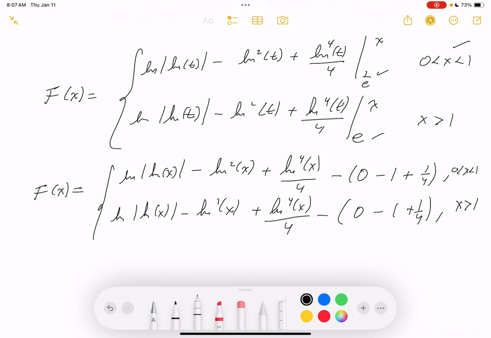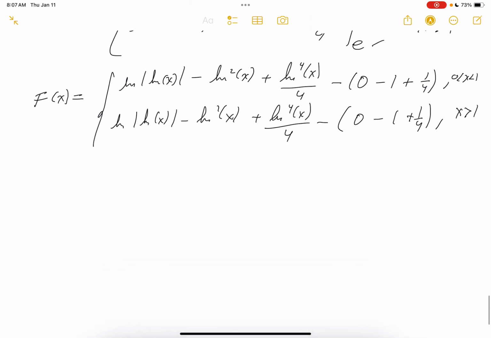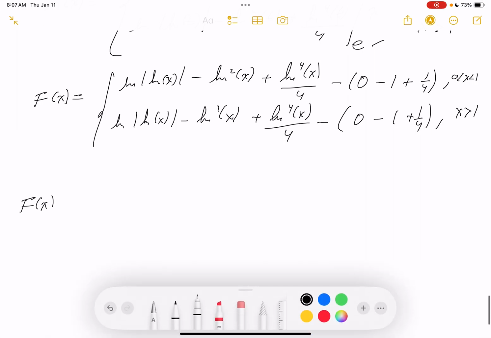All right, I got to clean that up a little bit. Let me look back over what I got here. Yeah, I think I'm okay. So f of x, I'm going to clean up a little bit because I want to make it so I can actually look at it.